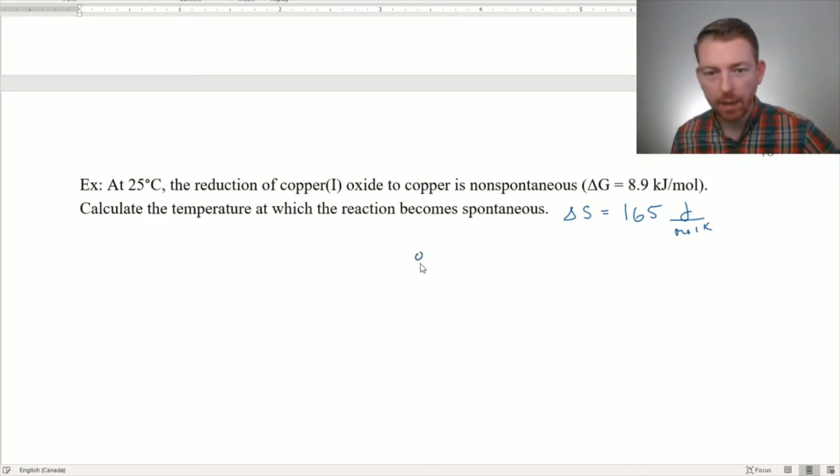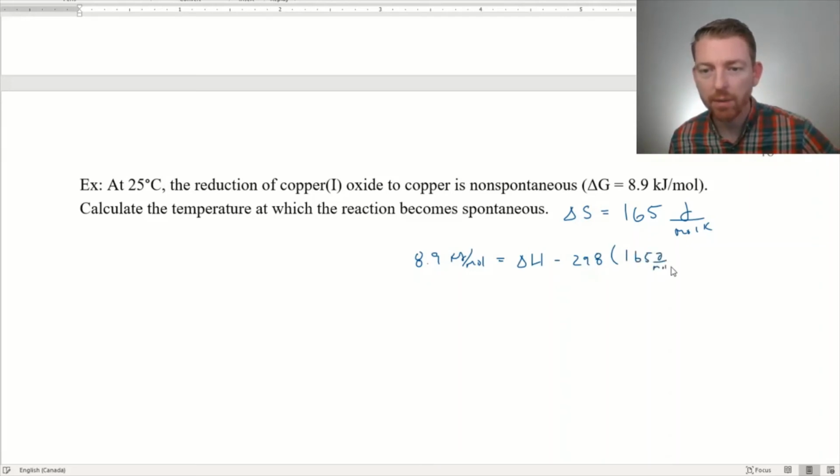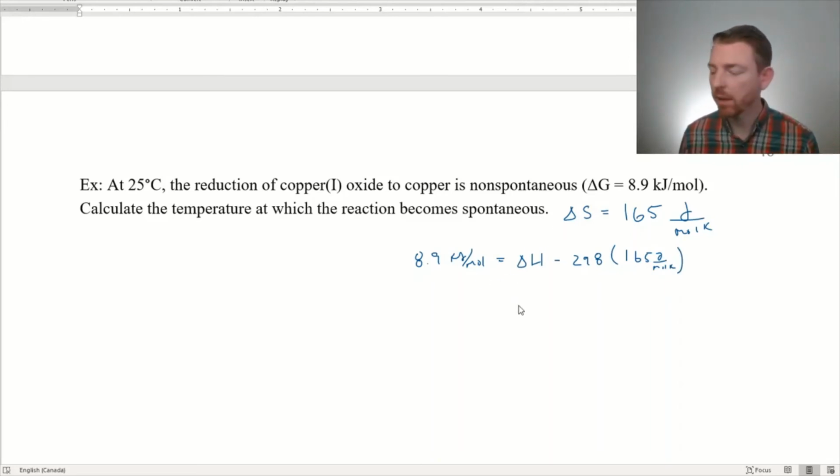We have here 8.9 kilojoules per mole, which is equal to delta H minus 298 times delta S. So this temperature we get from the question, at 165 joules per mole Kelvin, which I just gave you. Okay, we're going to have to know one of these two things in order to calculate it all out. So count on there being at least enough information to solve the question.